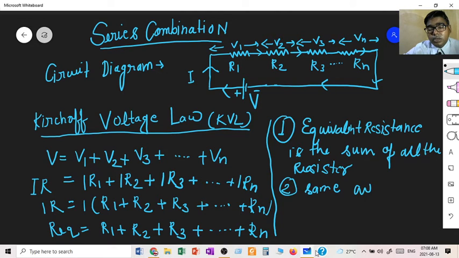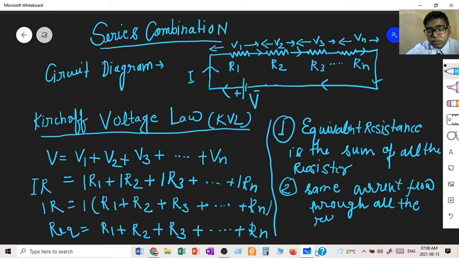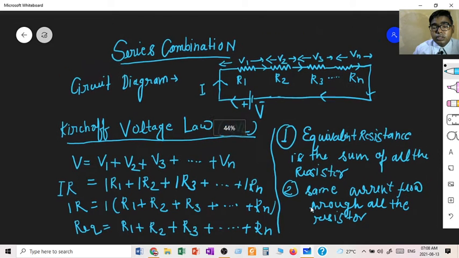And the third point is the potential difference.